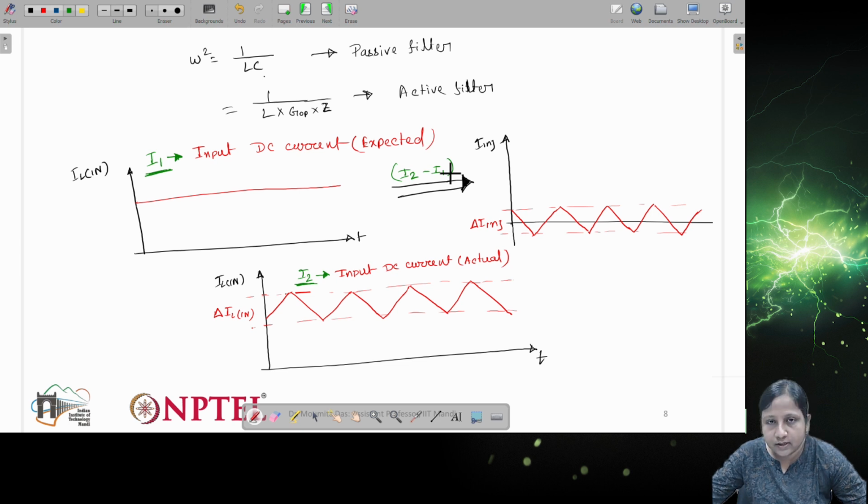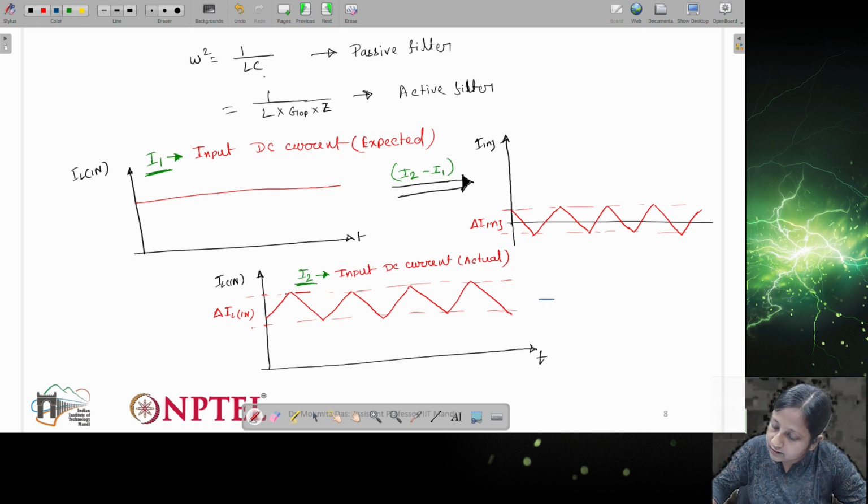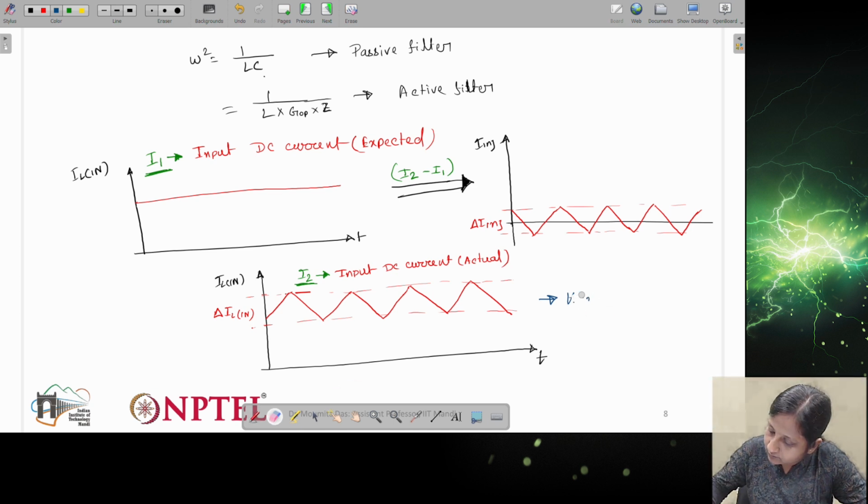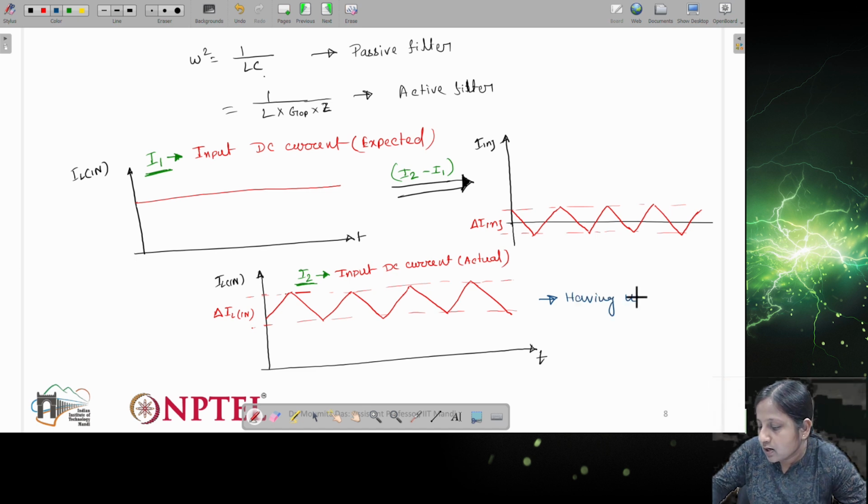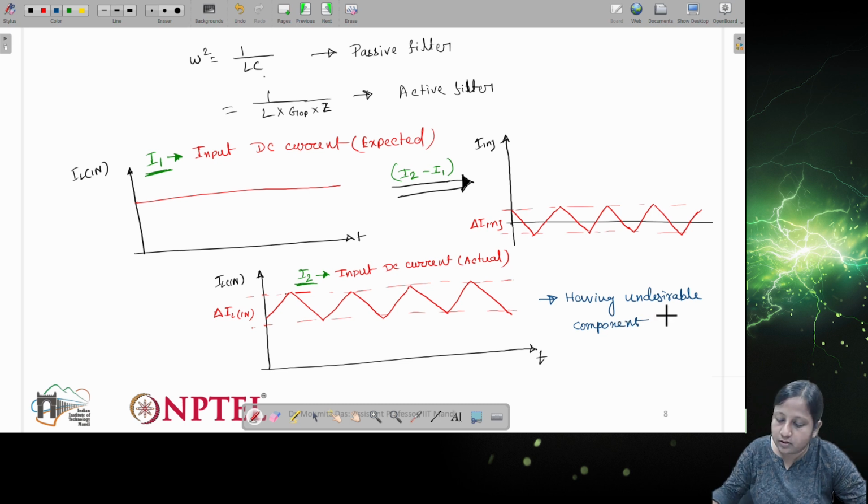I2 is the undesirable part. So I2 is having undesirable component. Right.